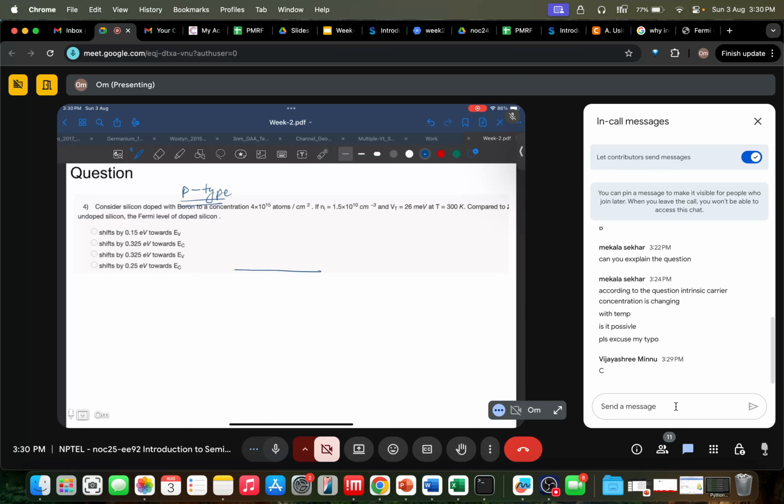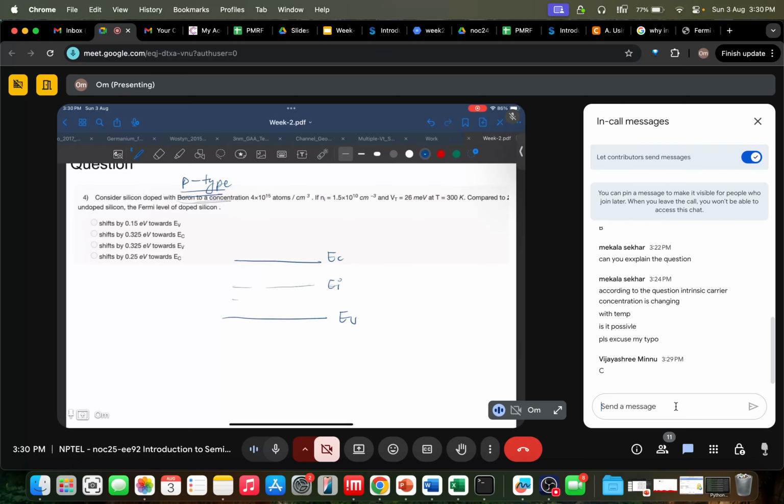So we have Ec, Ev, Ei, and since we have doped with boron, we will have Ef somewhere here. So in p-type doping, Ef will be closer to Ev, right? And in n-type, the opposite. Ef will be closer to Ec.